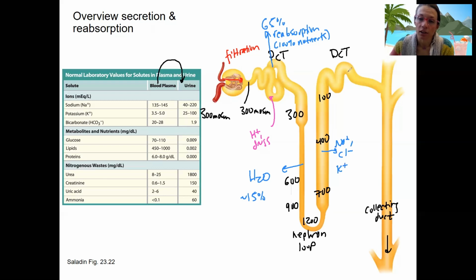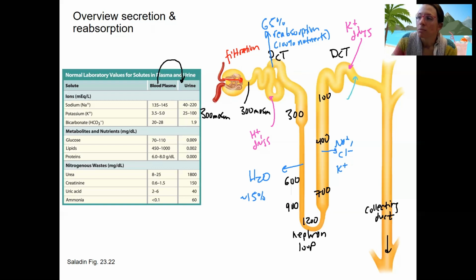In the distal convoluted tubule and collecting duct, we've got both secretion and reabsorption. We will primarily talk about the secretion of potassium and drugs. We also do have some regulated reabsorption that we'll talk about.